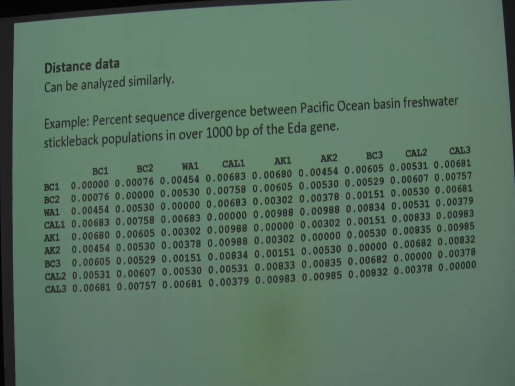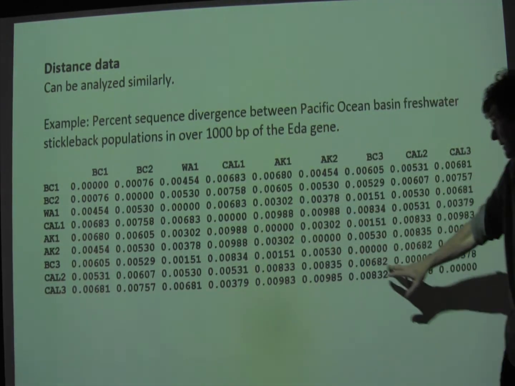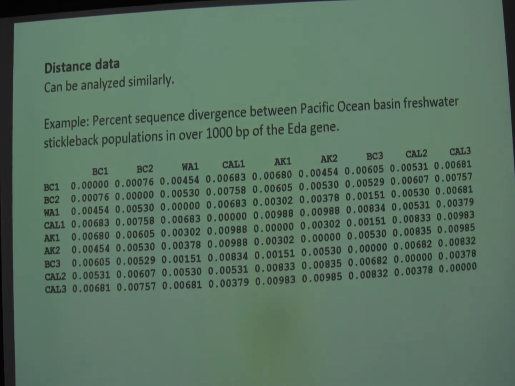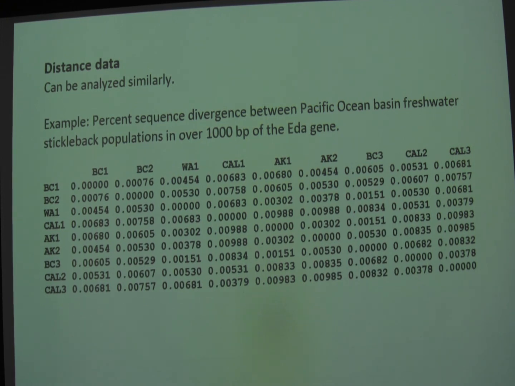So it's essentially a measure of the proportion of sites that are not shared. Along the diagonal is 0, every sequence is identical to itself. And each of these, Cal2 and Cal3, just represent different individuals. So this is just pairwise distances.